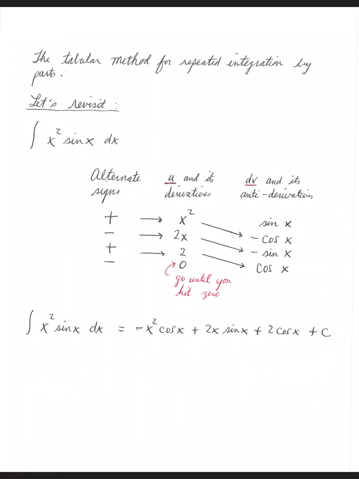We picked x squared to be u, so the way this works is you set up alternating signs, positive, negative, positive, negative. Whatever you pick for u, write that down. Take its derivative over and over until you hit 0.